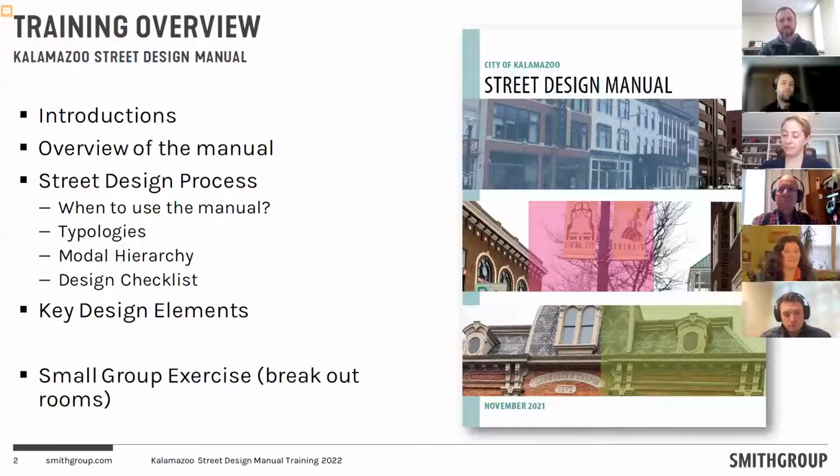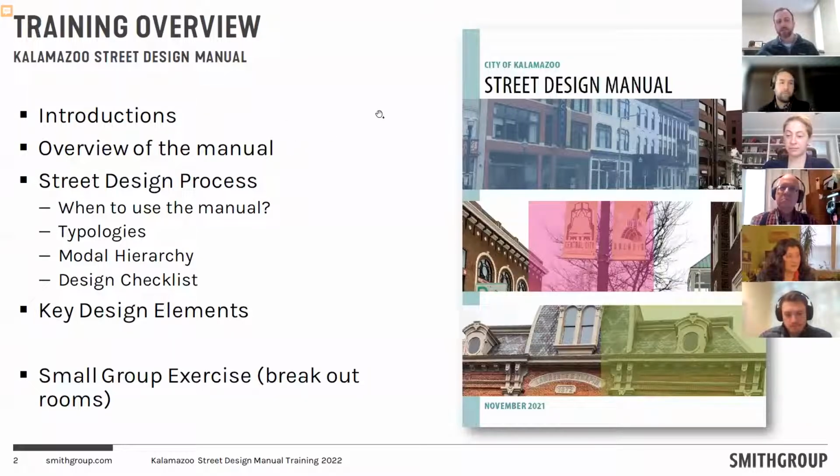And then from there, go into the street typologies and the decision-making process of where a street falls in that typology in reference to the manual. Our modal hierarchy: how do we prioritize what street elements are going to be involved or considered in a project, and where those rank as we consider all of the elements in the right-of-way space.